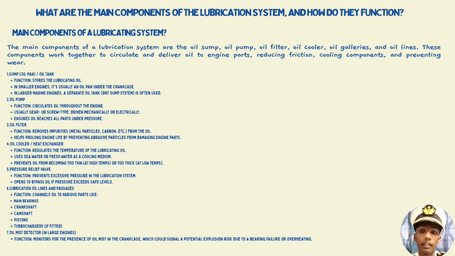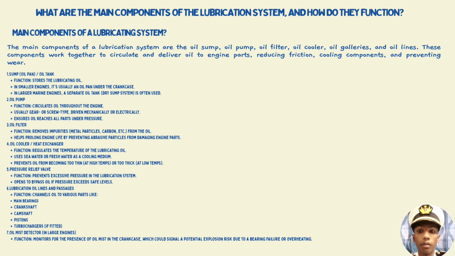In large marine engines, a separate oil tank or dry sump system is often used. The second one is the oil pump. Its function is to circulate oil throughout the engine, usually gear or screw type, driven mechanically or electrically. It ensures oil reaches all parts under pressure.